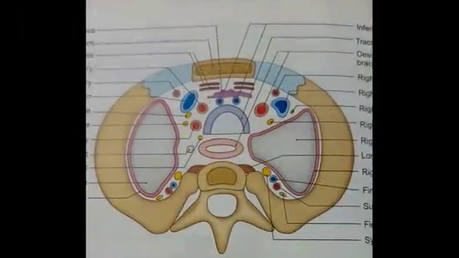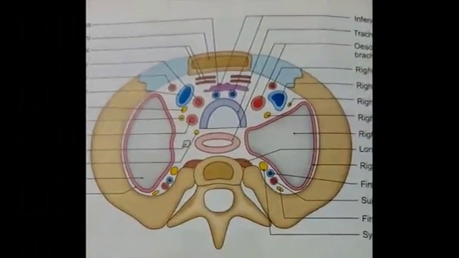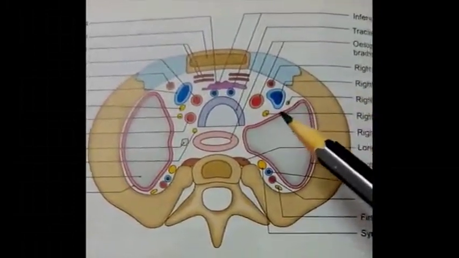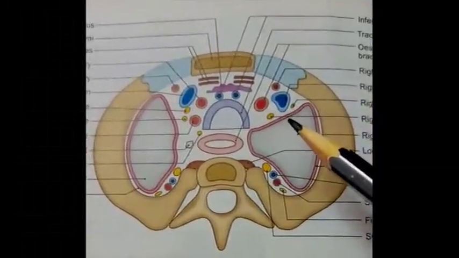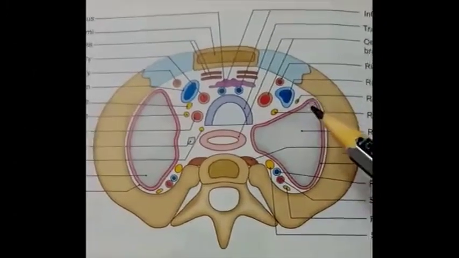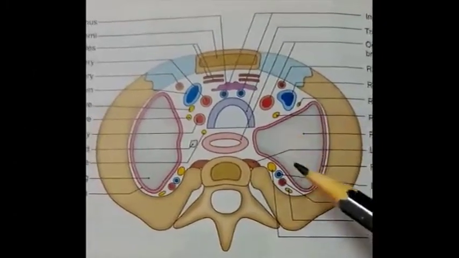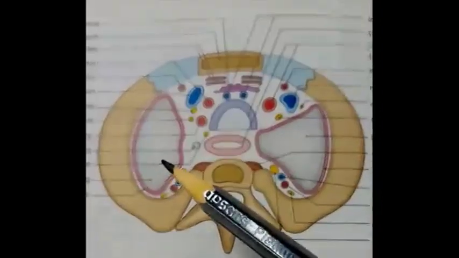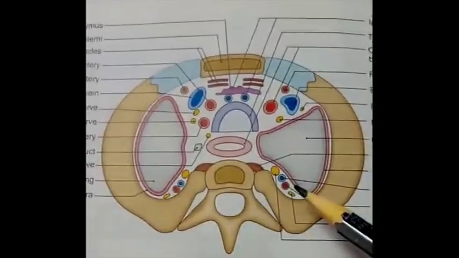Next we come to posterior relations of cervical pleura. This is the diagram of a cut section across the inlet of the thorax, in which we can see the apical part of the lungs covered by cervical pleura.